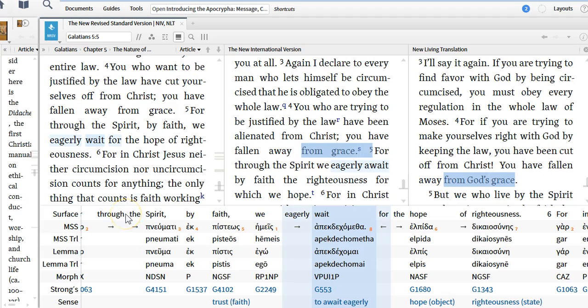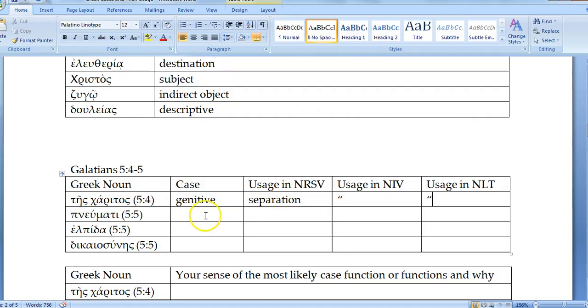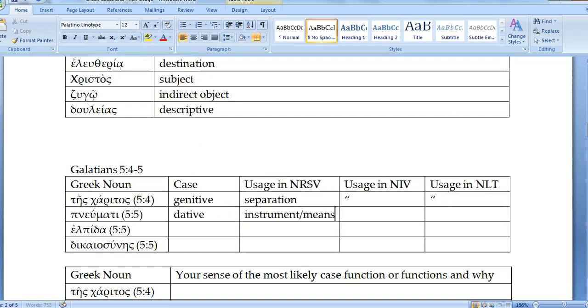Through the is a representation of the dative case of pneumati. And I would suggest the NRSV is taking this as a dative of instrument, a dative of means. So we could probably fill this in as instrumental means.